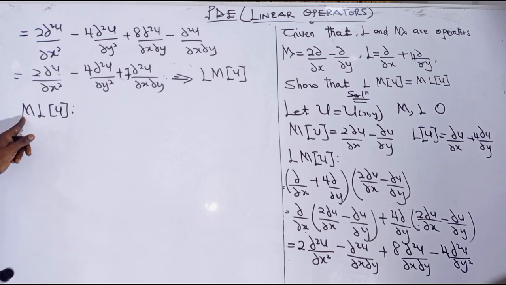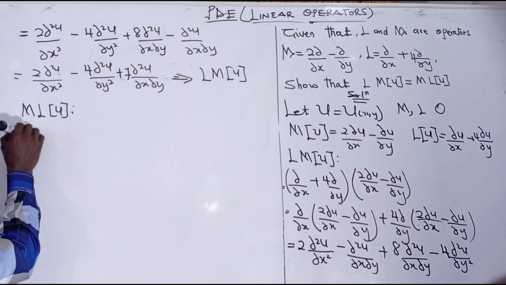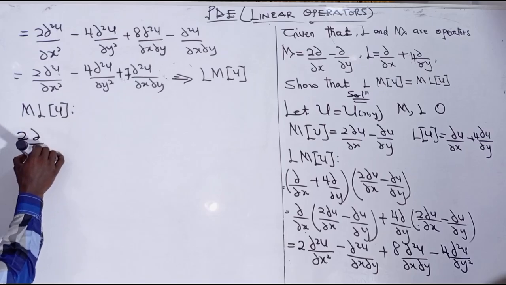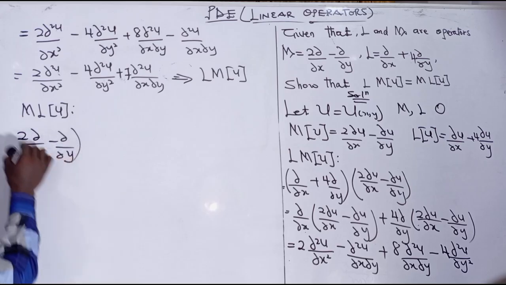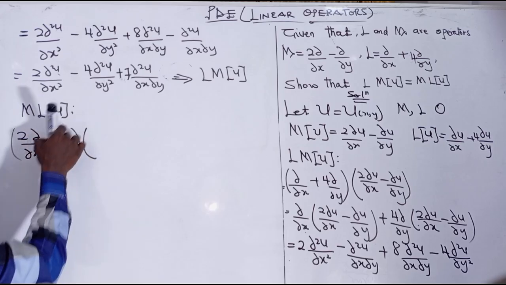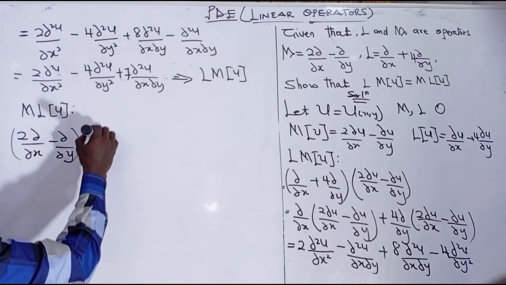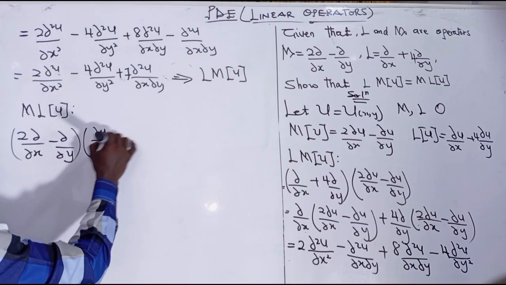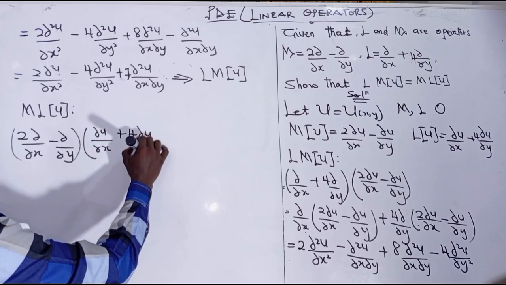First we are going to take the operator M. This is the operator M. So we have 2 del X minus del Y operating on LU. This is LU: del U del X plus 4 del U del Y.